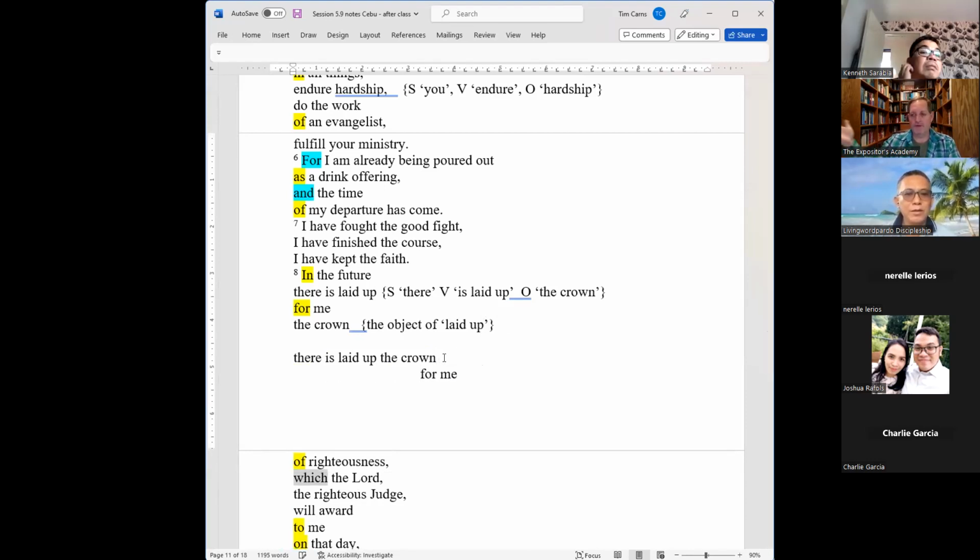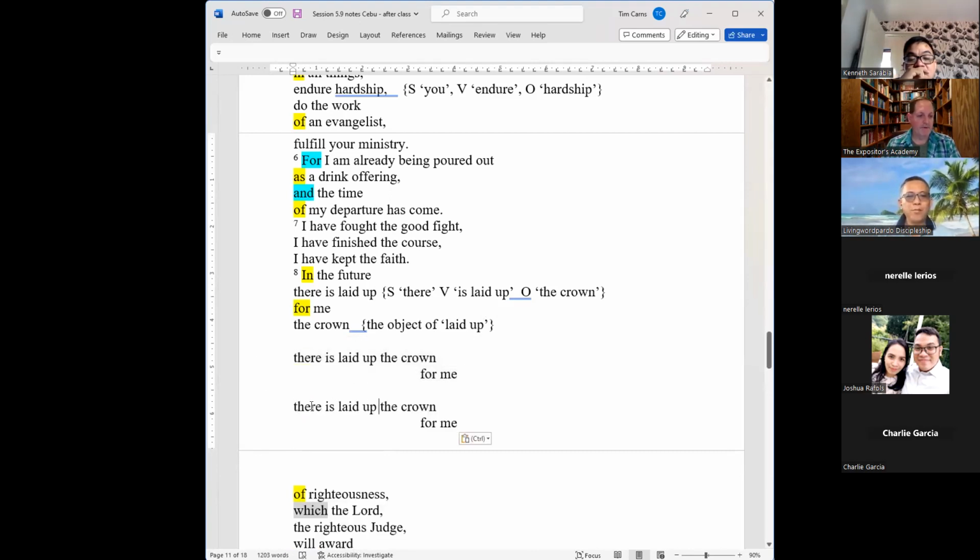Which crown? The for me crown. So it would just be describing the crown. But if we put for me where Paul put it, there is laid up for me the crown.